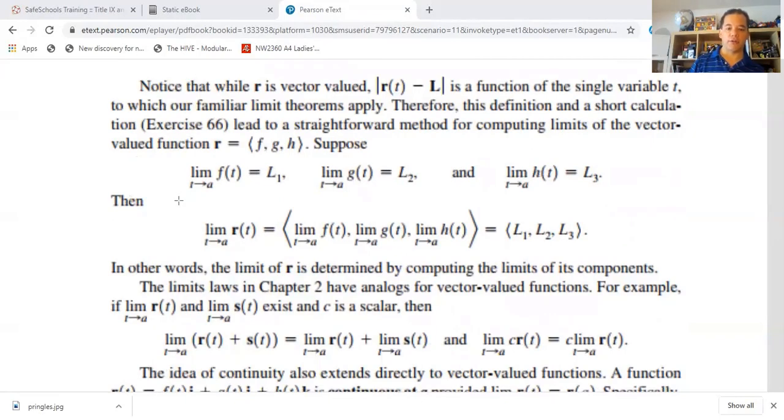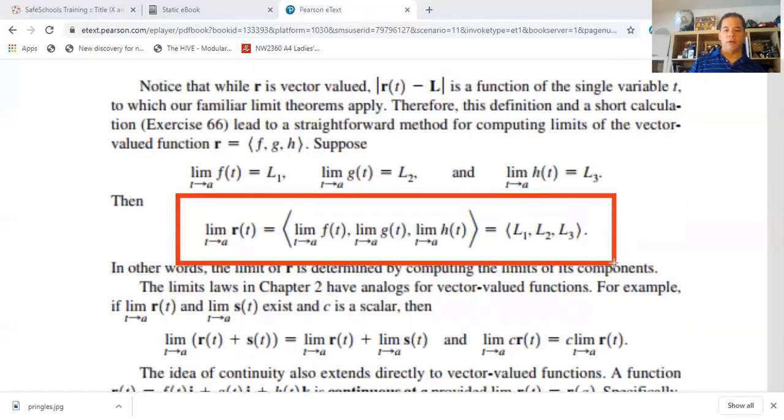This is the important one that you want to know how to do. If you want to do the limit of a vector valued function, you can do it by doing the limit of each one of the components, assuming each one of the components has a limit, which will be the case for most functions we have in this class. So that's the easiest way of doing a limit.